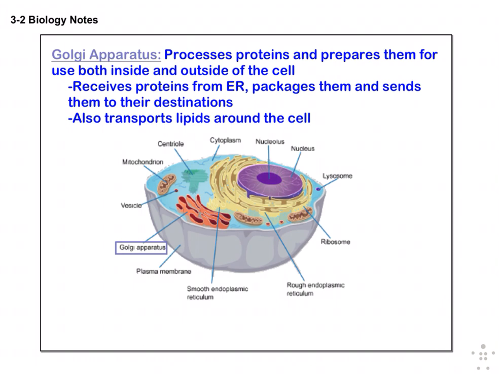Sometimes they make mistakes. So if the Golgi apparatus says, oh yeah, no, this one's not functioning properly, it will send it to be broken down and not used. If it is functioning properly, it'll say, all right, you need to go here in the cell to do your job. And so it receives proteins from the rough ER and packages them and sends them to their destinations. It will also do the same thing for lipids.